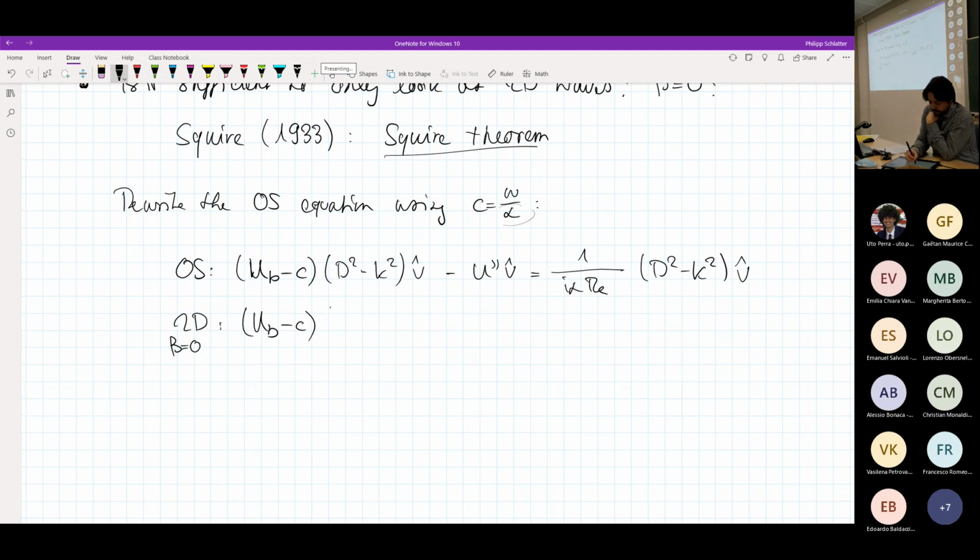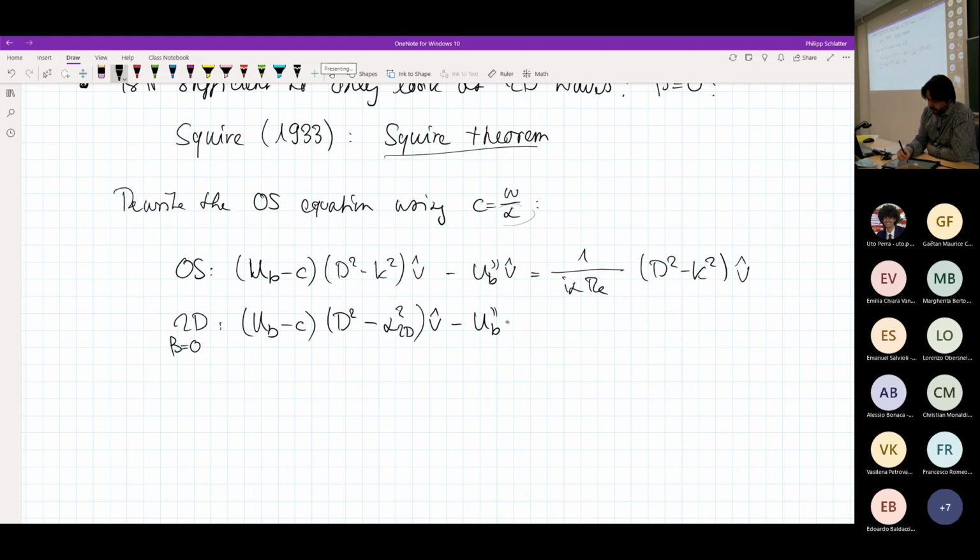That's fine. D squared is also the same, but now instead of k squared, remember k squared was alpha squared plus beta squared, beta is now 0, so instead of k squared it would be alpha 2D squared. I mean the alpha that belongs to the 2D version of it.